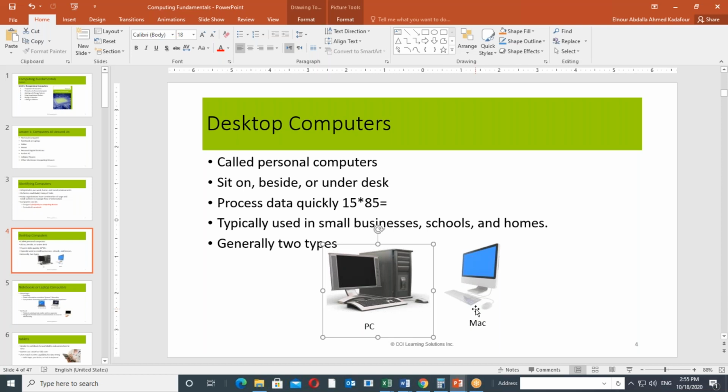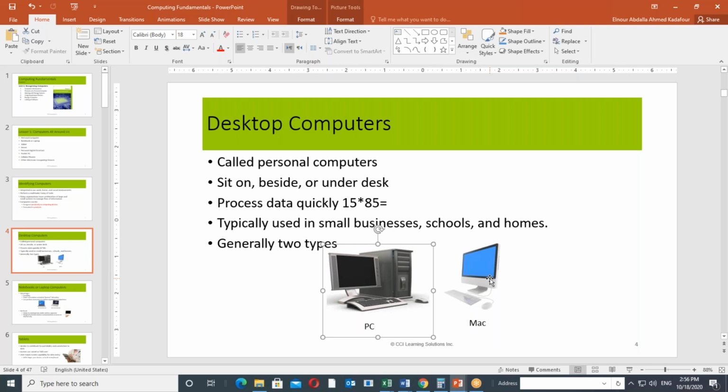Another company produces these Mac systems, while the others produce the PC. Such a type is called a PC computer, while this one is called a Mac computer. So two main categories, depending on the manufacturing and on the software used.